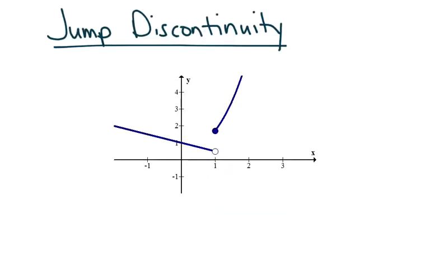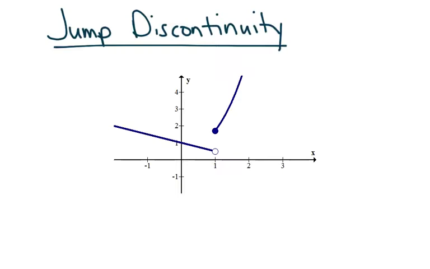The second type of discontinuity is called a jump discontinuity. Remember when we graphed piecewise functions? Those were the ones where we would have graphs that had restricted domains, and so we would cut part of them off.